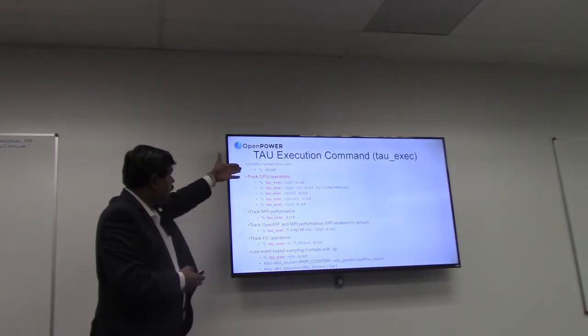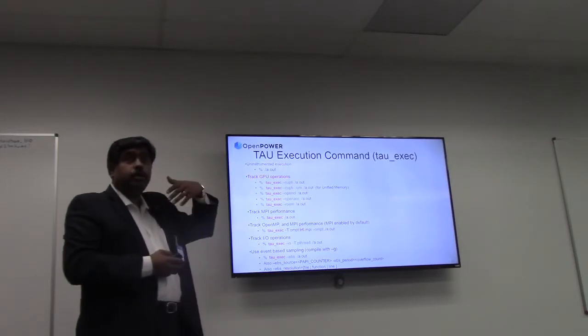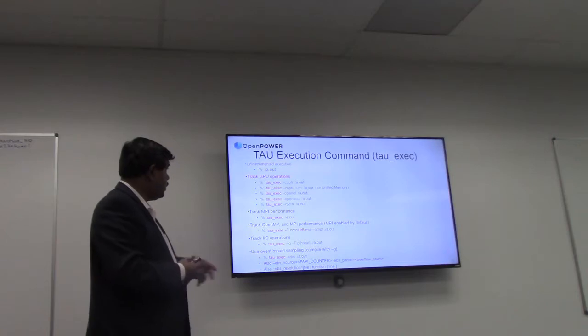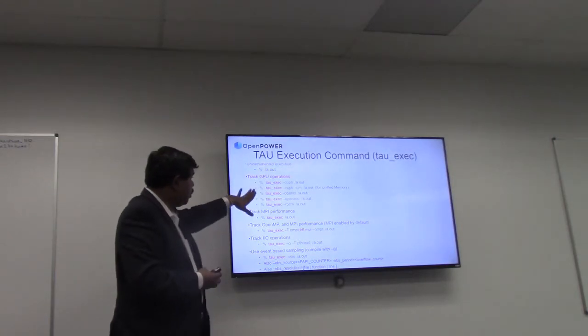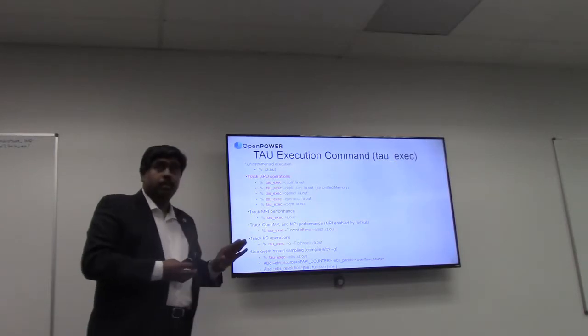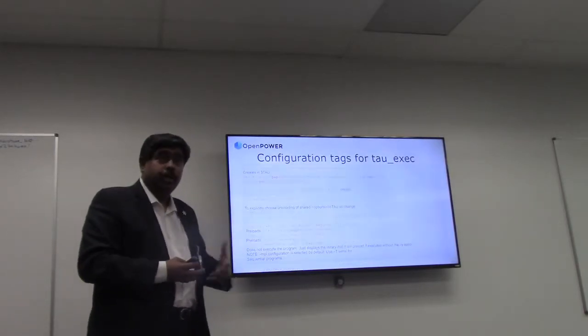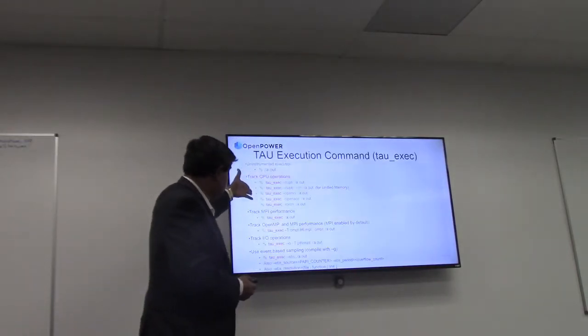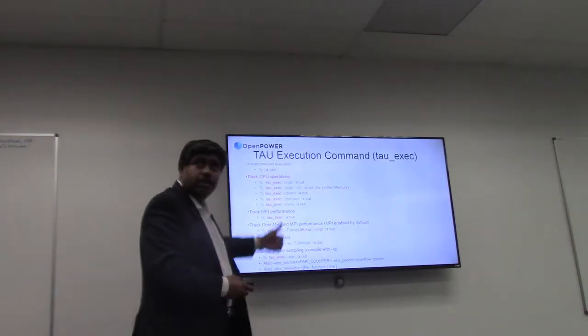If your uninstrumented executable is a.out, now you can say tau_exec -cupti for the GPU CUDA profiling tools interface, or cupti-um, or OpenCL, or OpenACC, or ROCm, the AMD ROCm GPUs. In fact, I think Tau is probably the only tool that supports all of those different GPU options.